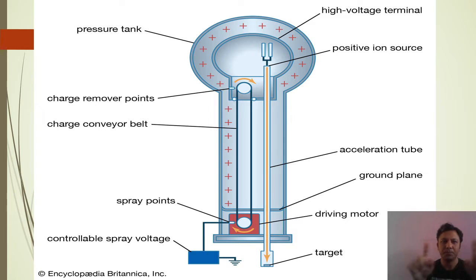Look at its structure. It has a pressure tank, charge remover point, charge conveyor, spray point, controllable spray voltage, driving motors, ground, accelerator tubes, positive ion sources, and high voltage terminal. The main parts are the conveyor belt, motor, controllable spray voltages, and positive ion sources.